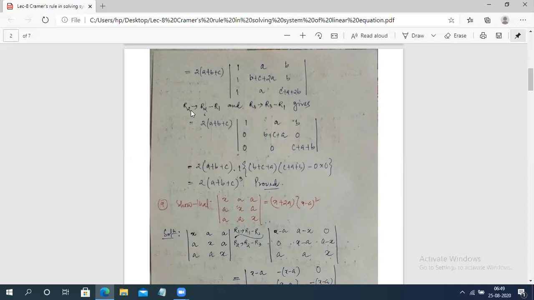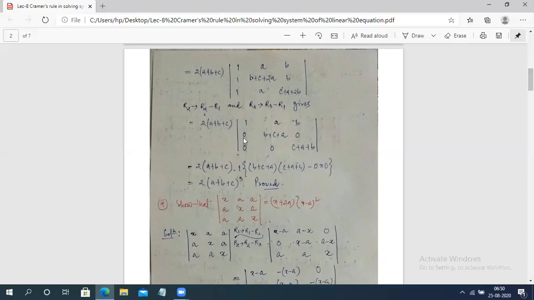If we change R2 into R2 minus R1, first row will remain same because there is no transformation in R1. So write the first row as 1 a b. The second row we are transforming into second row minus the corresponding elements of first row, that is R2 minus R1.